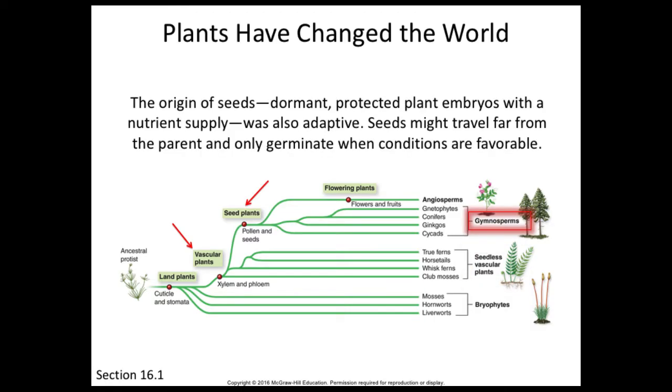The origin of seeds, which are defined as dormant, protected plant embryos with a supply of food, was also adaptive. If you can keep your baby in a seed, then that seed might be able to travel farther away from the parent and only germinate when the environmental conditions are favorable.